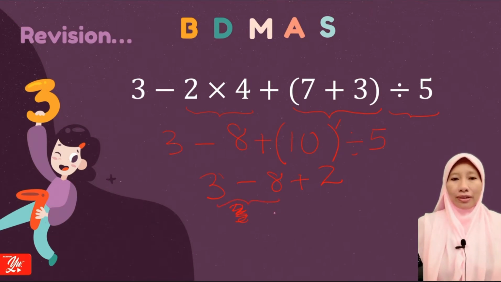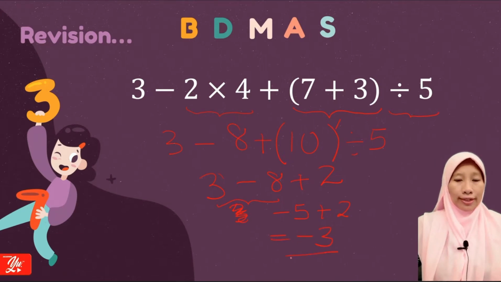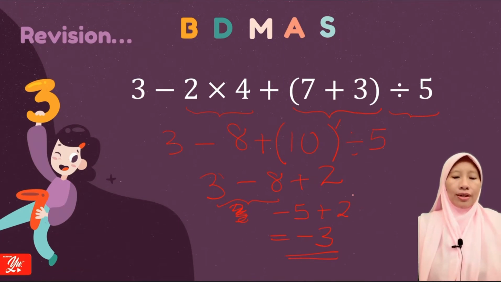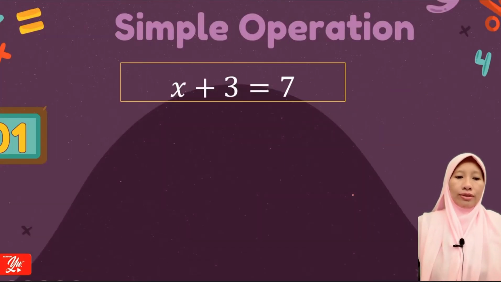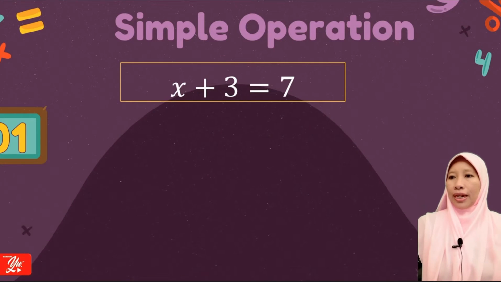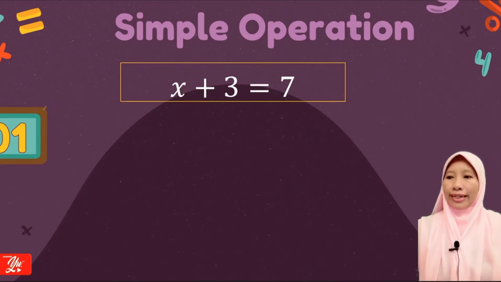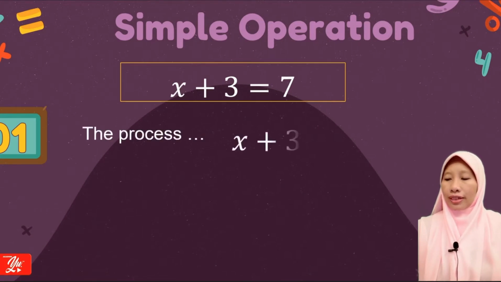That's about the BODMAS sequence that we have to follow when solving computation involving multiple operations. When solving linear equations using the backtracking method, we are going to reverse the sequence. For example, we have x plus 3 equals 7.